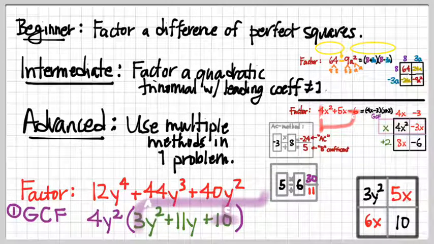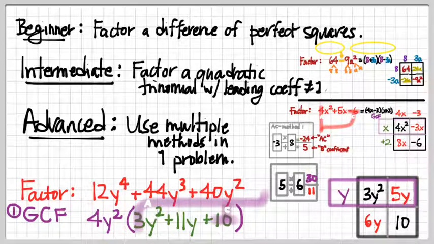And now to get our AC method started, we'll start by picking any row or any column and bringing out the greatest common factor. What's the greatest common factor between 3y squared and 5y going to be? That's going to be just a plain y, right?